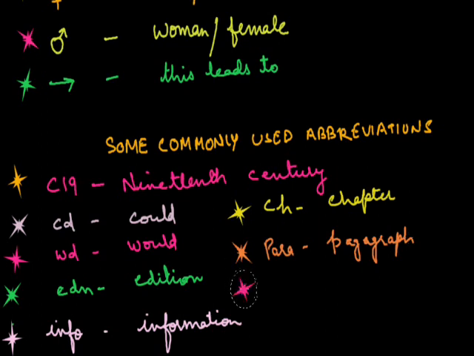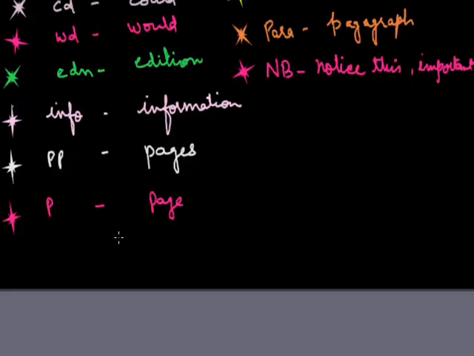The next one is NB. NB means notice this or important. In this way we can use many abbreviated forms.